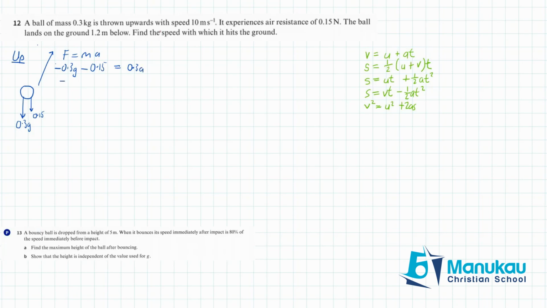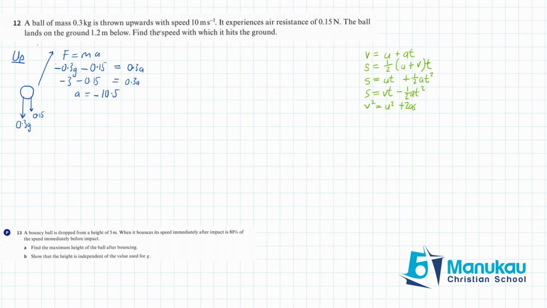Now that means negative 3 minus 0.15 equals 0.3a. And when we chuck this into our calculator, we get negative 3.15 divided by 0.3, negative 10.5. So negative 10.5 is our acceleration.